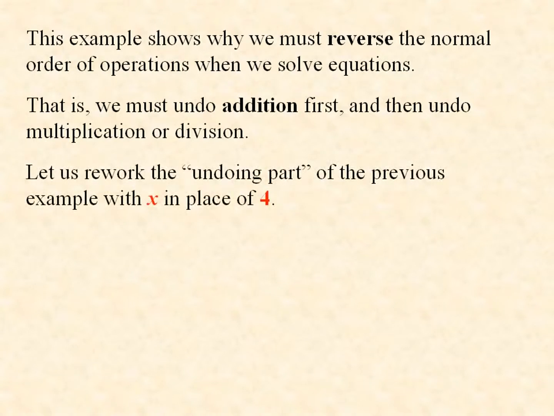Let us rework the undoing part of the previous example with x in place of 4. We start with 3x minus 2 equals 10. We want to isolate x. First, we undo the -2 by adding +2 to both sides.